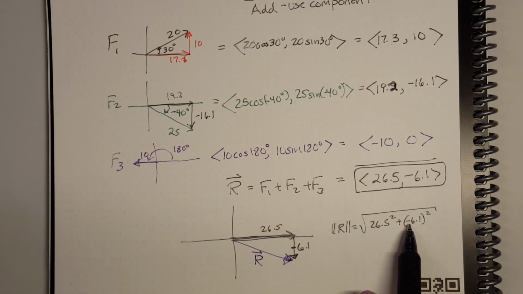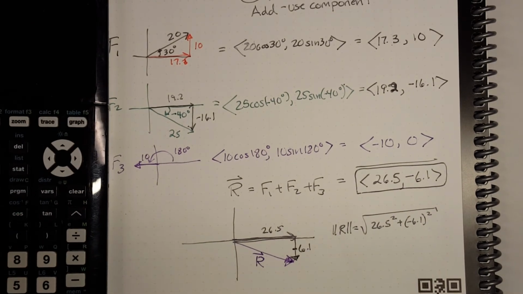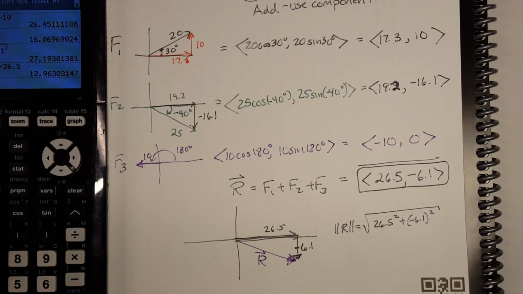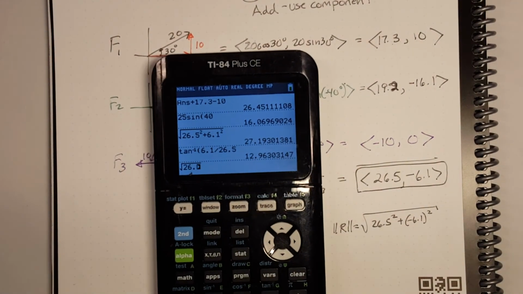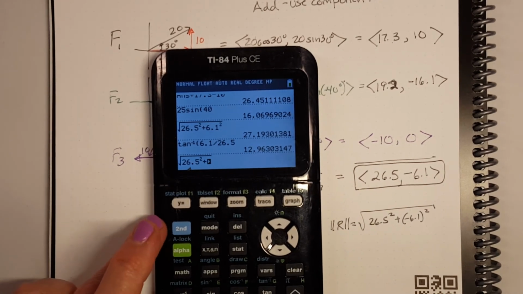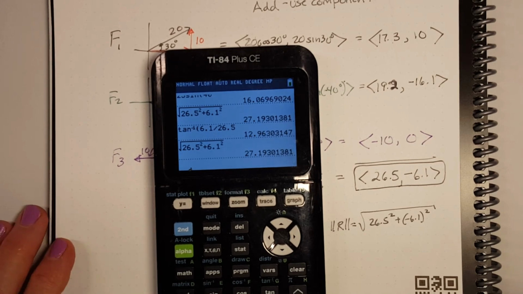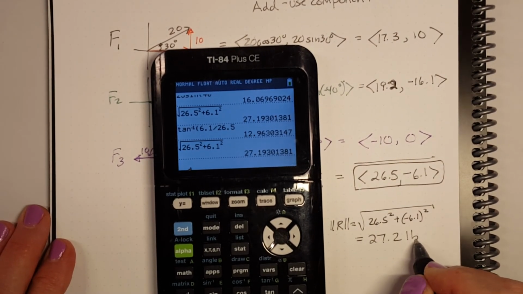So I dropped that negative when I put it into my calculator. And when we do that, let's see what we get here. We get the square root of 26.5 squared plus 6.1 squared, and see I don't put the negative in, and we get the magnitude of the vector is 27.2 pounds.